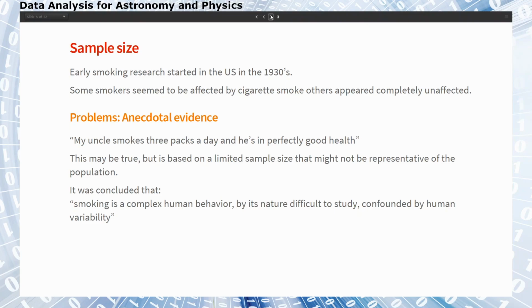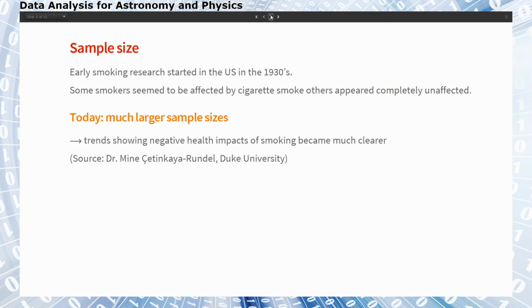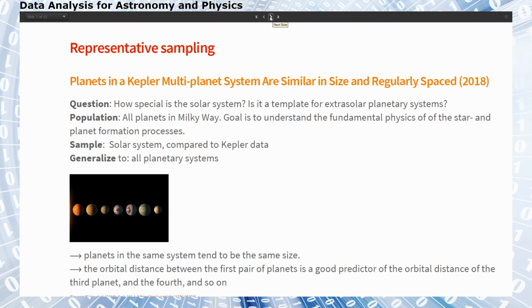These studies also suffered from low sample size and gave, for example, anecdotal evidence of persons in the study that smoked a lot and never had any health problems. But of course, this is only anecdotal evidence for a single individual person and usually cannot be generalized for the whole population. So it's important to have a representative sample.